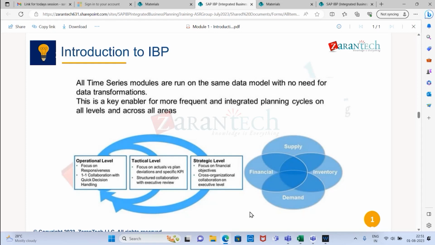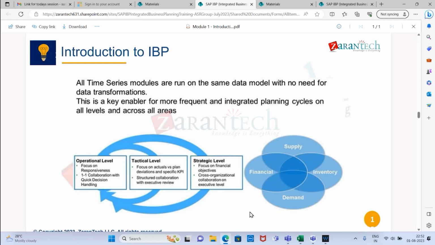At a little higher level, we have the tactical level team, which focuses on high-level requirements, that is, checking whether the actuals are as per the plan or there is any deviation, and monitoring the KPIs to ensure that all the KPIs are met at the high level. They also collaborate with the executive review, keep reviewing the KPIs at regular intervals and ensure that the KPIs are met.